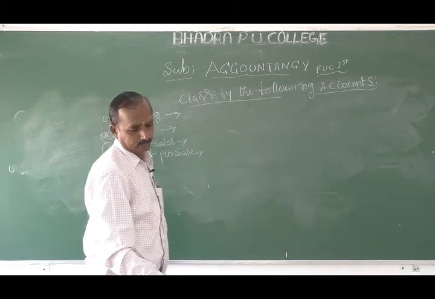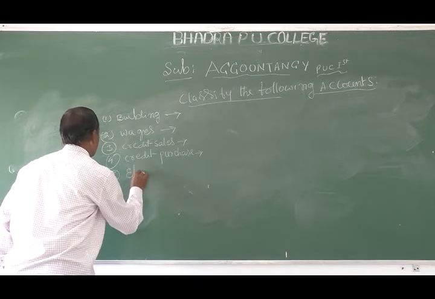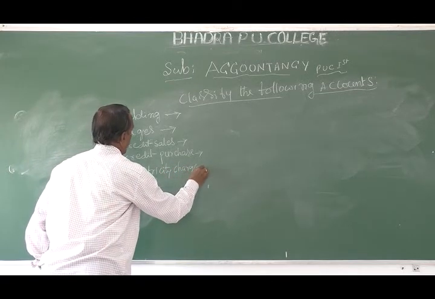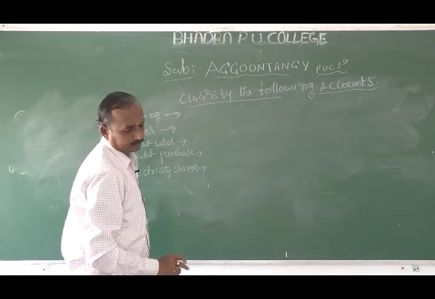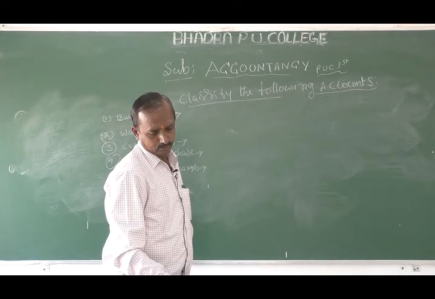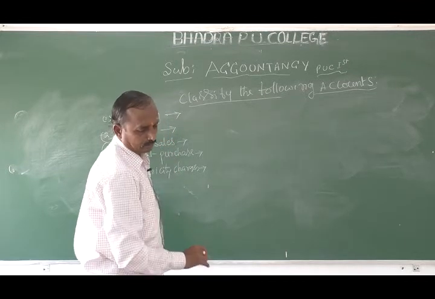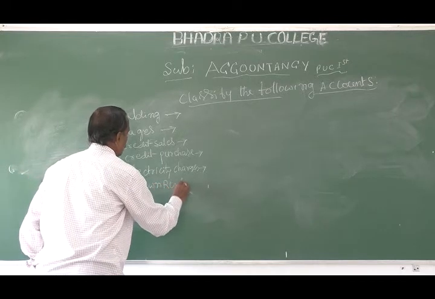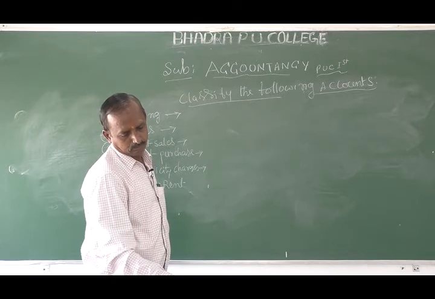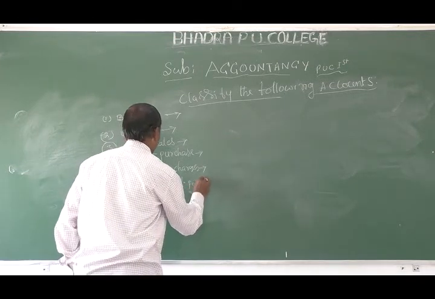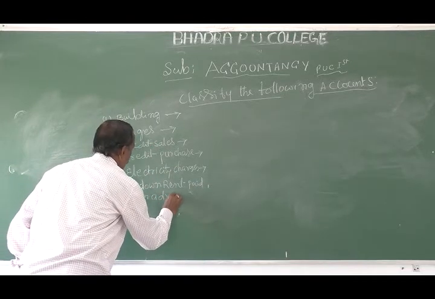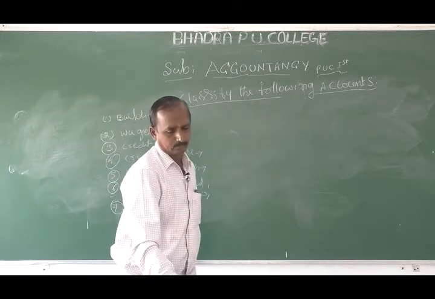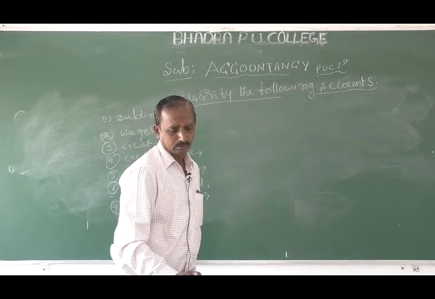Fifth one, electricity charges. Sixth one, godown rent paid in advance. Seventh one, sales.